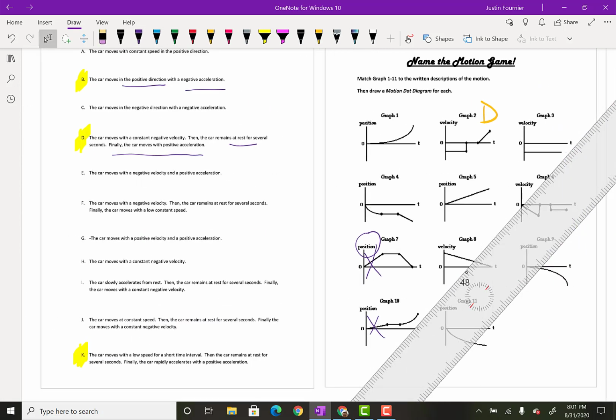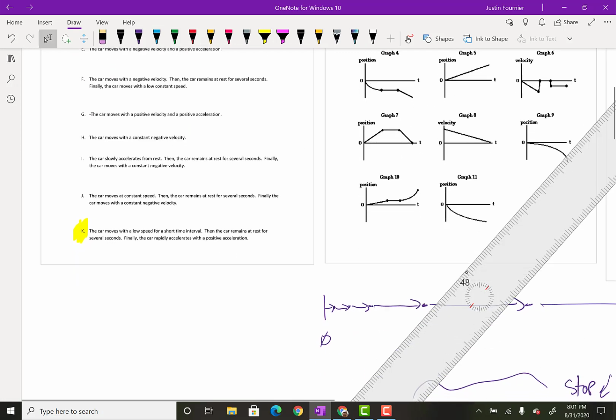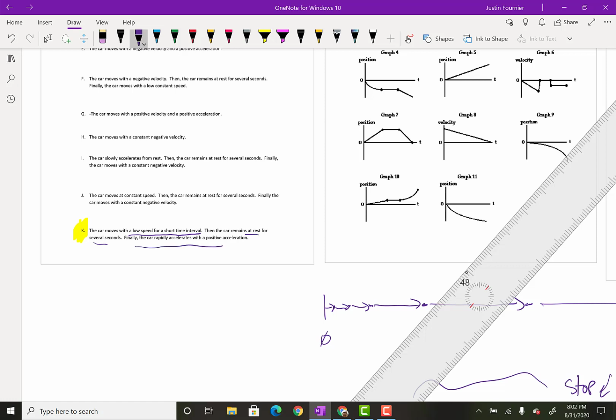All right, and then lastly, I'll do K. I think I got this one. K is the car moves with a low speed for a short time interval. It's speed, so it could be positive or negative velocity. Then the car remains at rest for several seconds. And finally, it rapidly accelerates with positive acceleration.